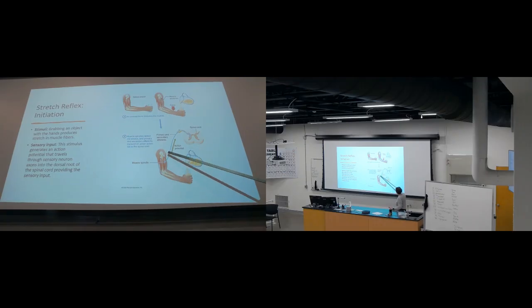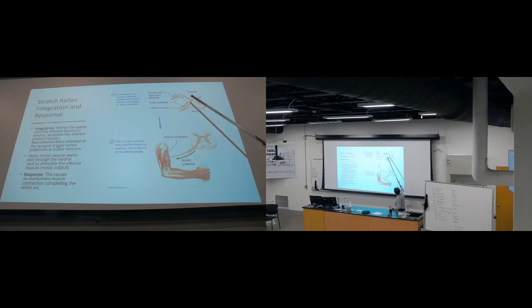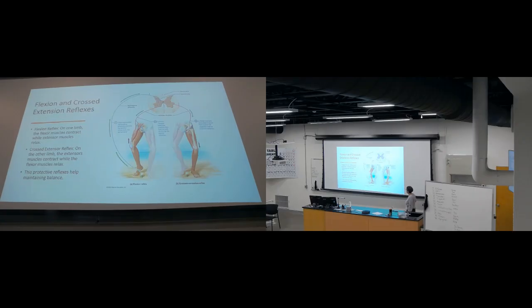Then you send these action potentials through the primary and secondary afferents into the spinal cord, and then you send relay information into these alpha motor neurons. This is the posterior horns, this is the anterior horns. And then with this alpha motor neuron, you contract your muscle, and you can hold this weight appropriately. So that's the integration and response.